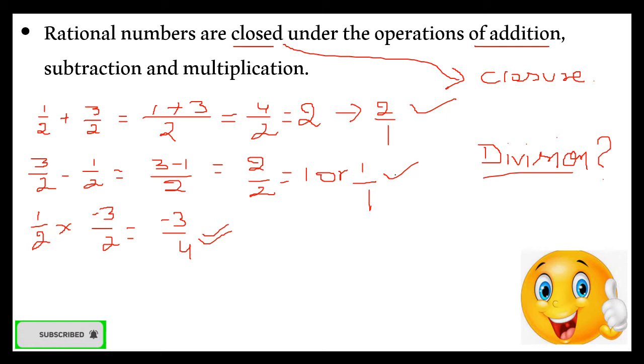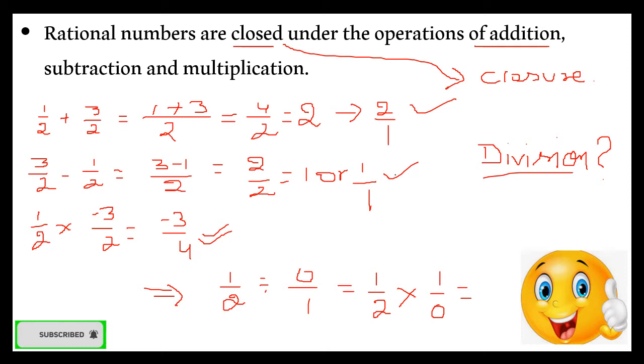If you are going to divide 1 by 2 by another rational number, that is 0 upon 1, you take the reciprocal of the divisor and convert the sign of division into multiplication, and you write it like this, 1 upon 0.